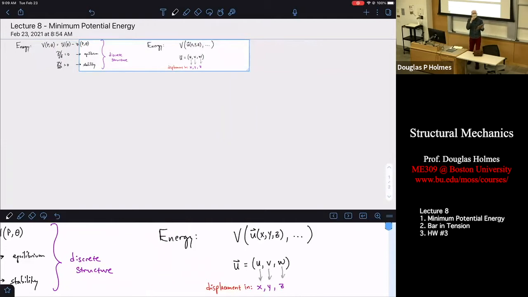our total potential energy depends on displacement, and displacement depends on position. So last class we introduced the idea of an action, and we introduced the idea of a functional. A functional is a function of a function.